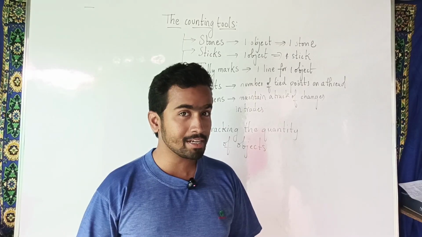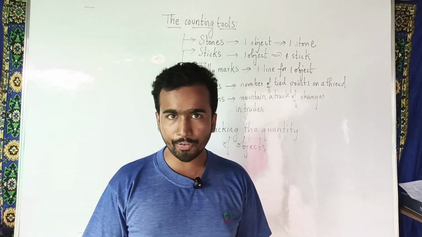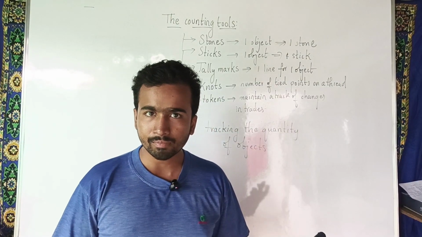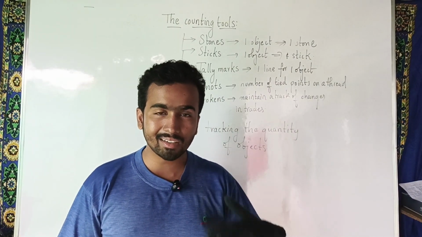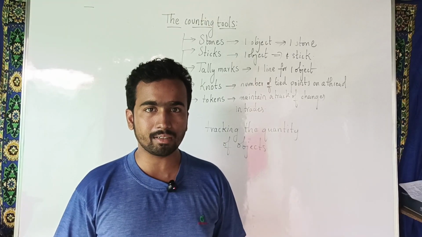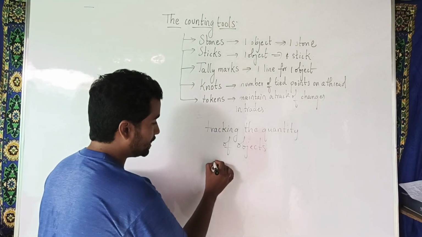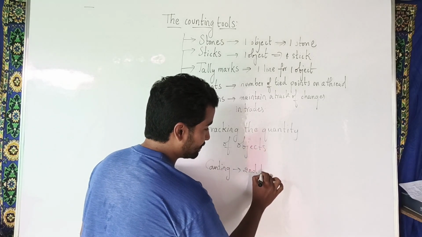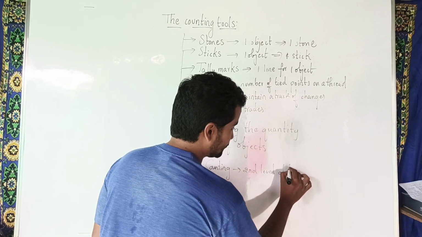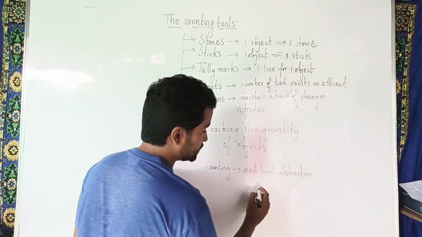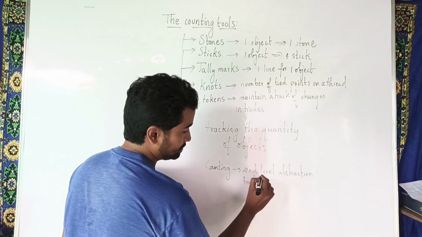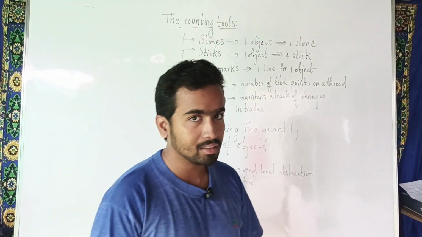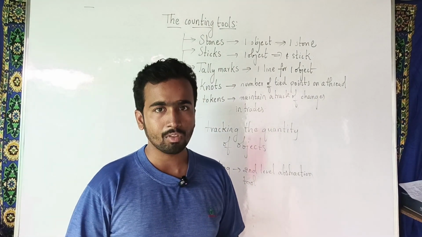As I explained, tracking and counting are both different things. Tracking, in the sense of detection, is like detecting the quantity of objects, and counting is the second level abstraction tool, which we'll be covering in the further sessions.